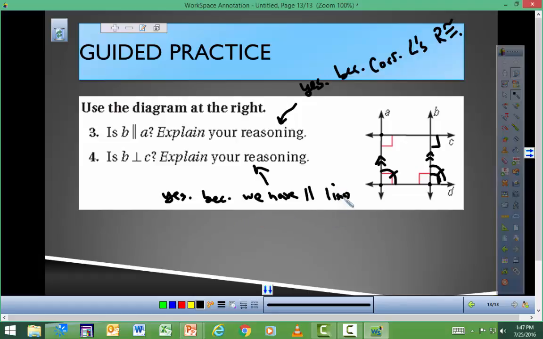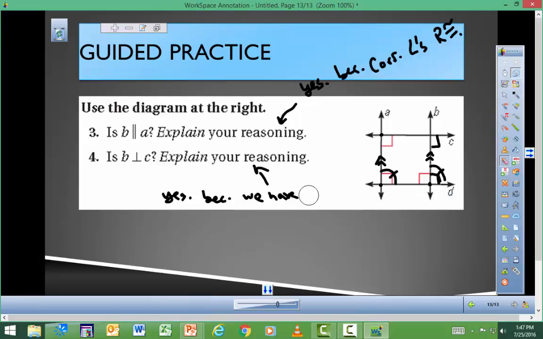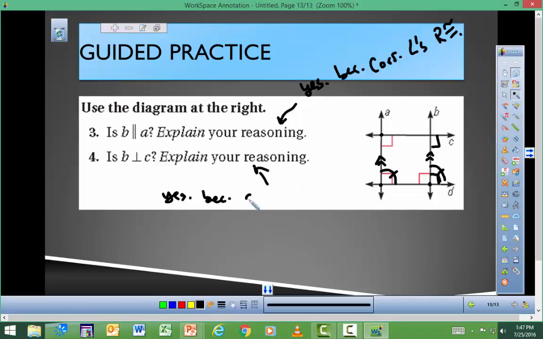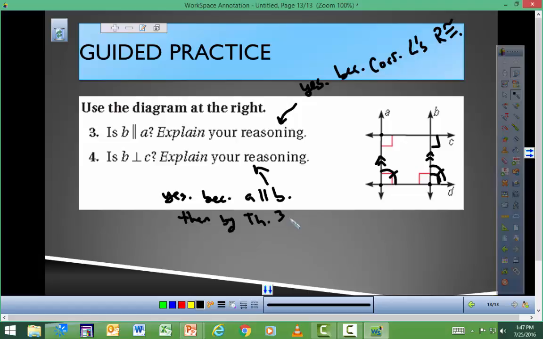Maybe I should write it this way: line A is parallel to B, then by theorem, I think it was 3-11 or 3-10, if you have one perpendicular, then the other one's perpendicular.